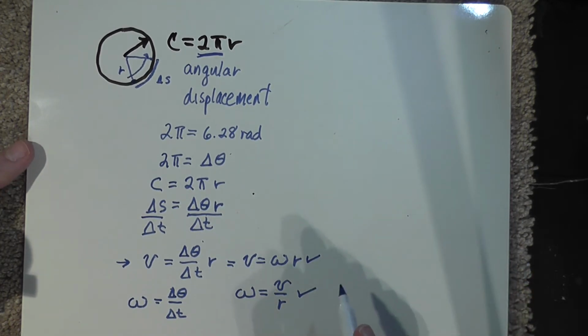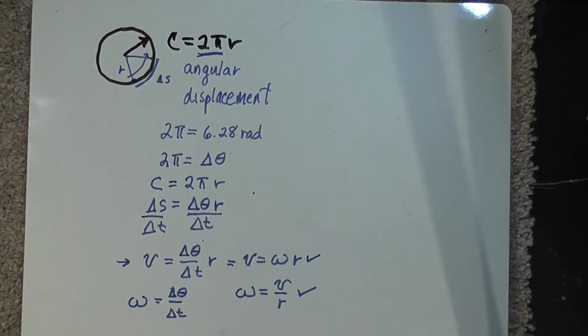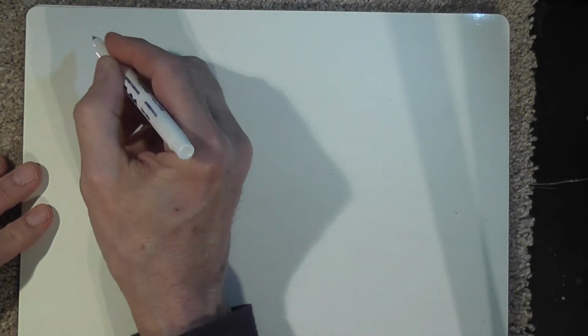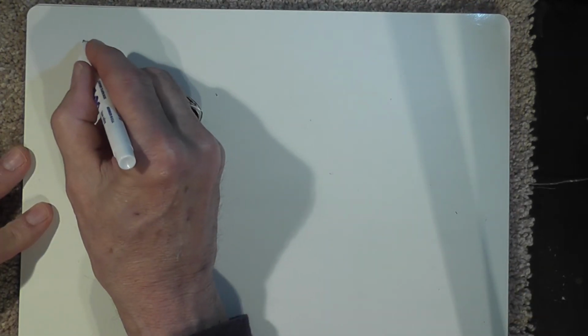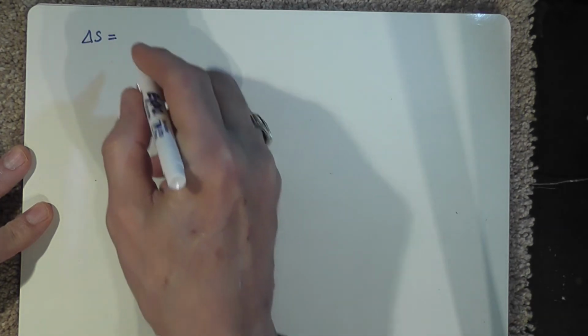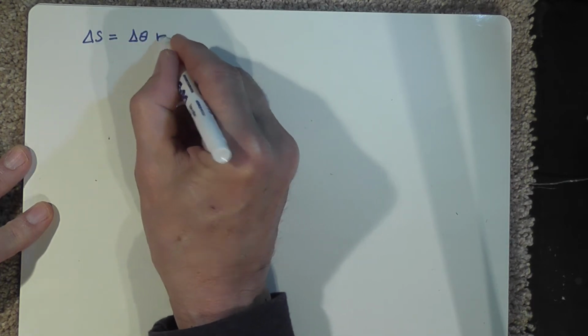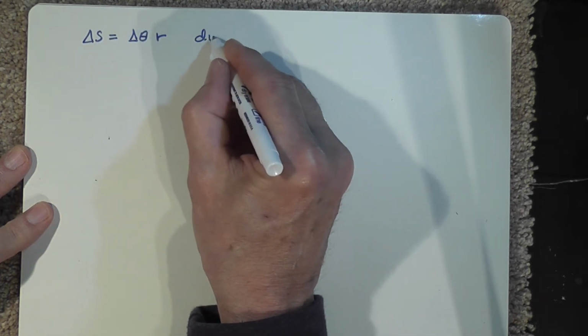Okay, so now let's look at one more concept, and that is acceleration. So let's start off with what we have. We have delta S is equal to delta theta R. So this is our displacement.